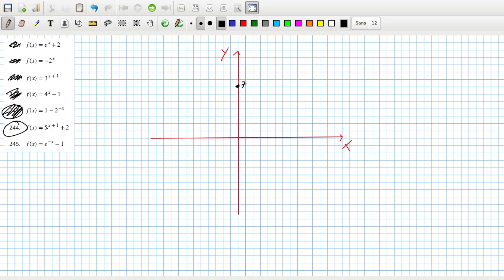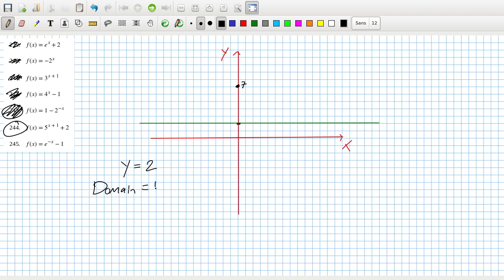As x increases, this increases. And then as x tends to -infinity, this is coming off from 2. So the asymptote is here at 2. So that's y equals 2.